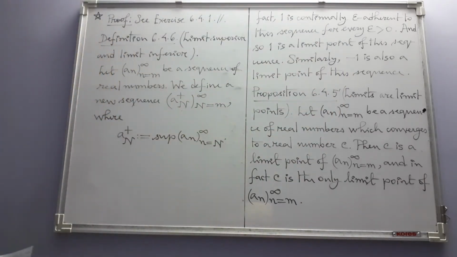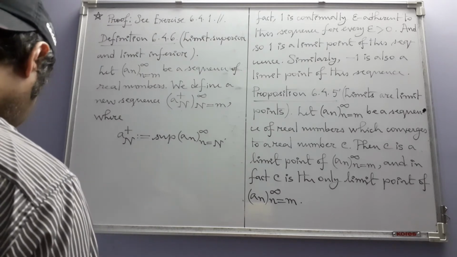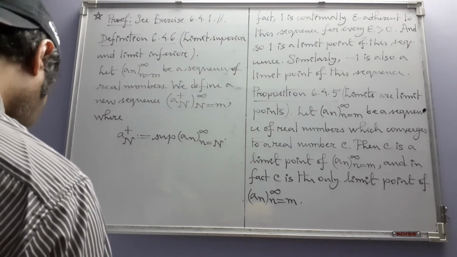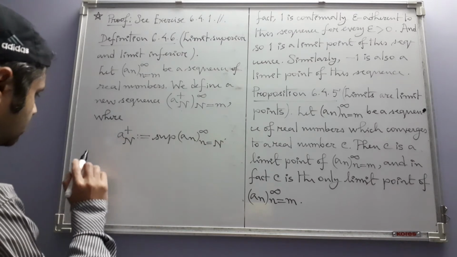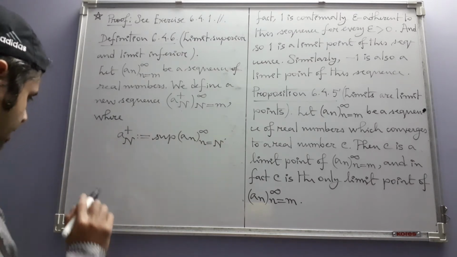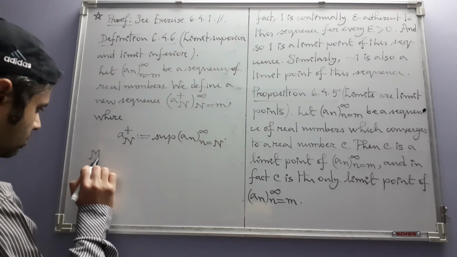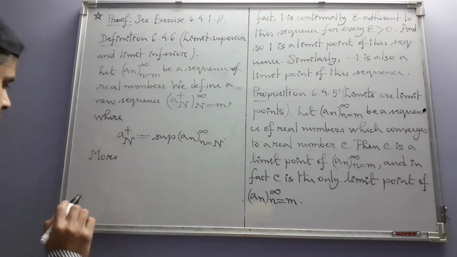Okay, having defined this, we are now going to define the limit superior. But before that, these same things that I have said now are also parts of this definition.